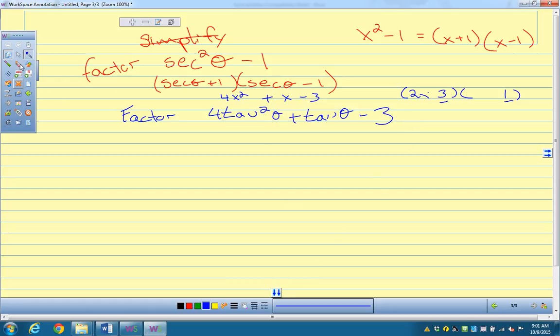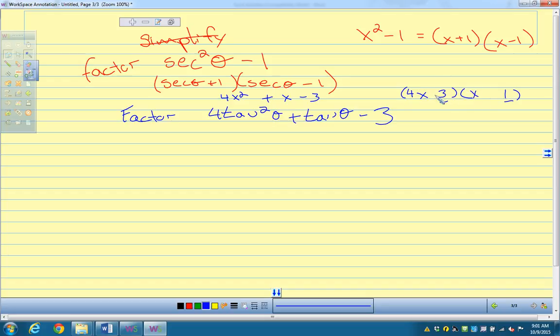Right. So this becomes a factoring problem. If you don't know how to factor, you should practice. So I would put 4x here, and this would be a 1x, right? Those multiply, and then you have to figure out where to put your signs.